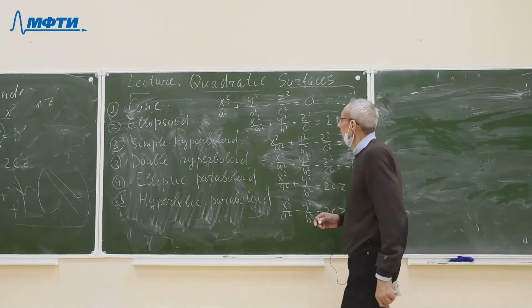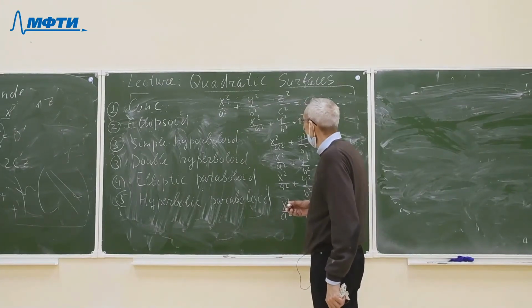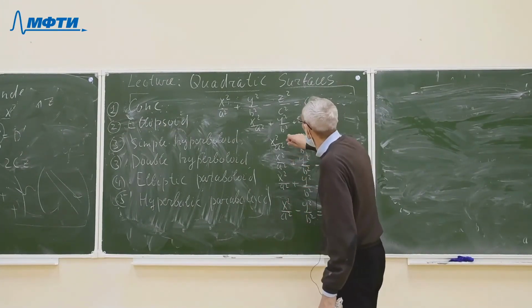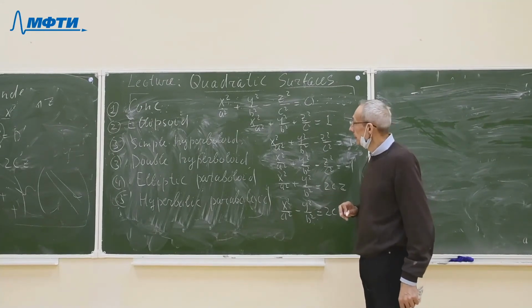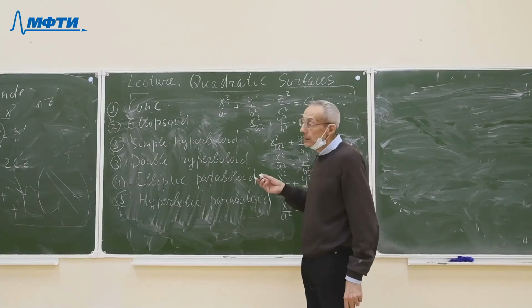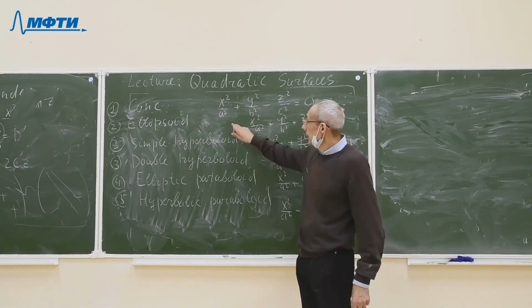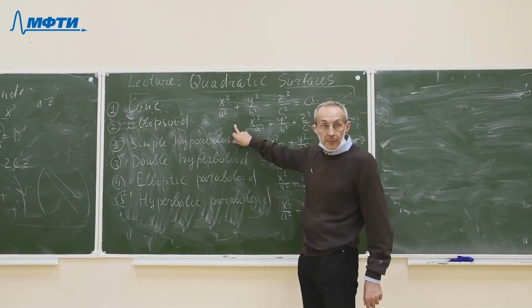It is easy to see that if z is equal to 0, the XY trace of this surface is a point, the origin of our coordinate system.